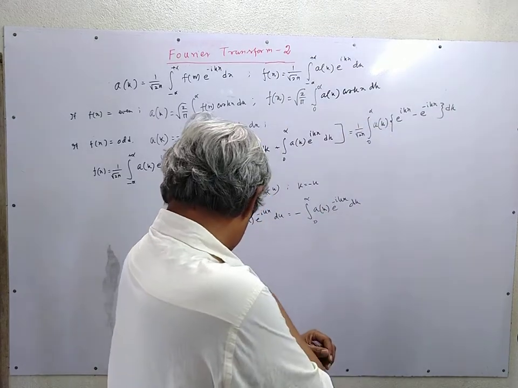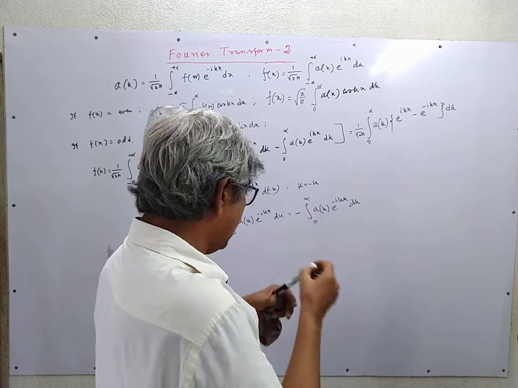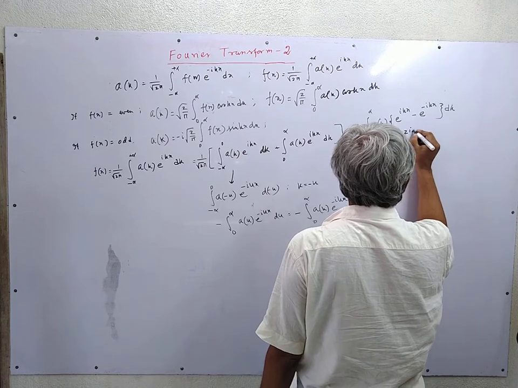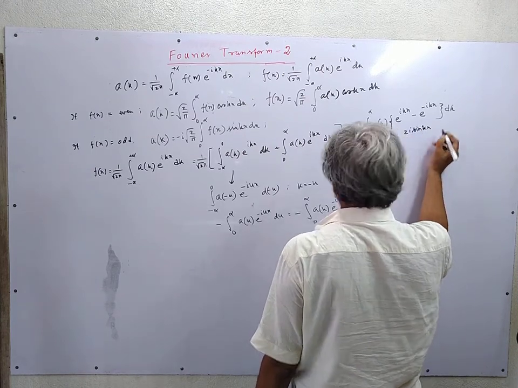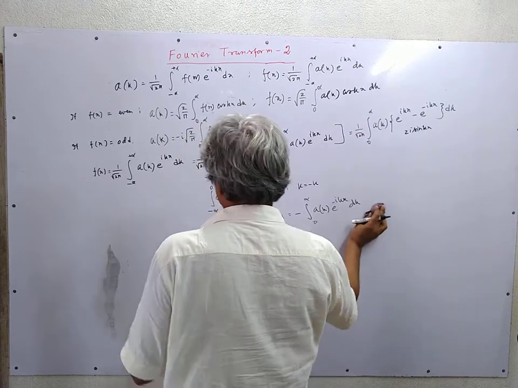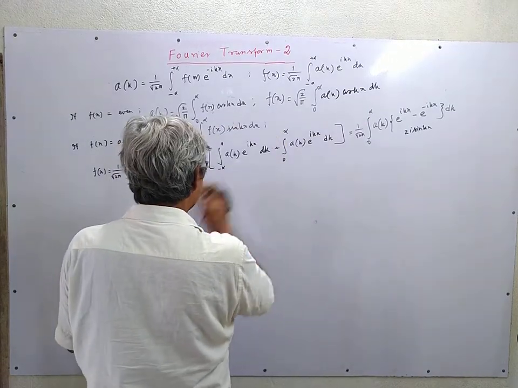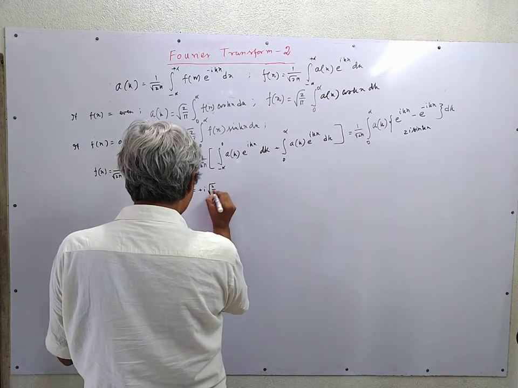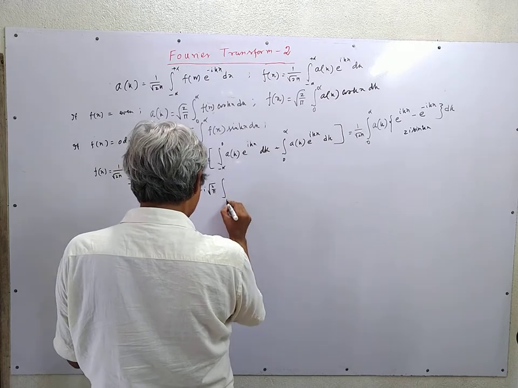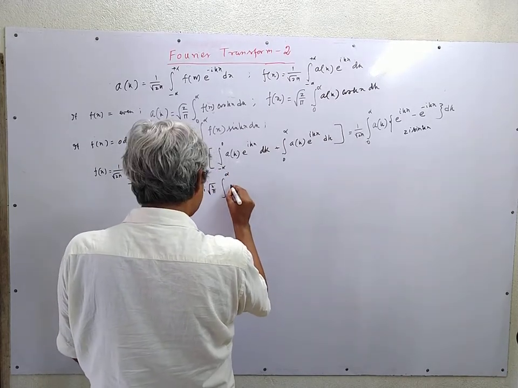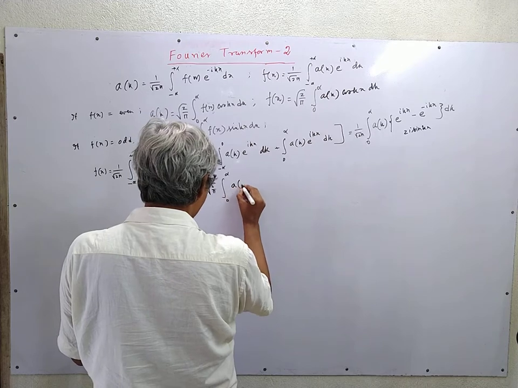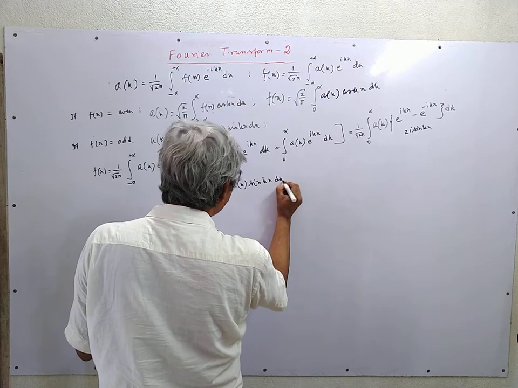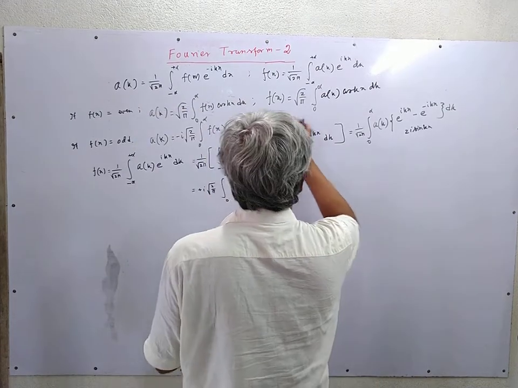So the quantity within the second bracket is plus twice i sine kx. So the result becomes decay, and this is the summary.